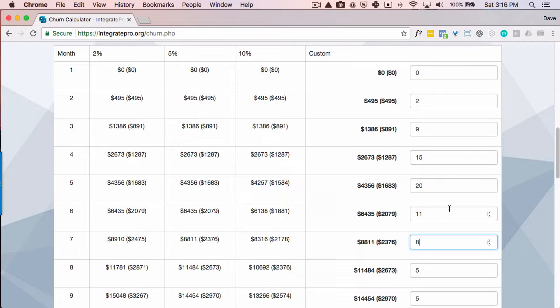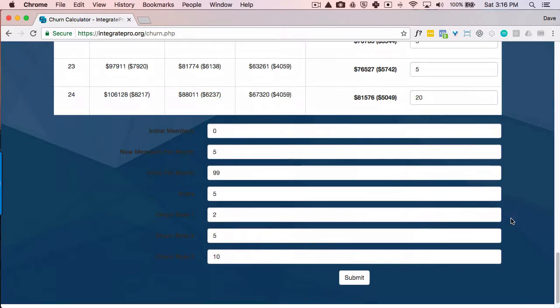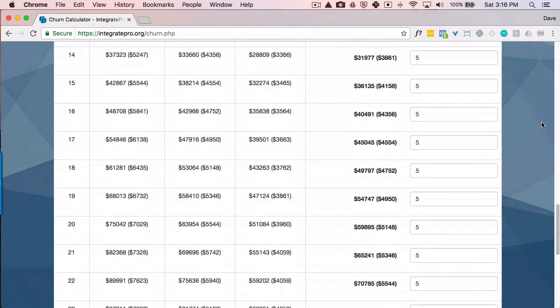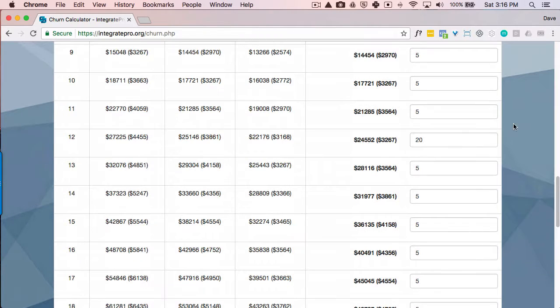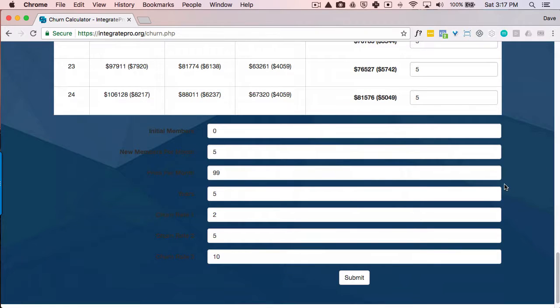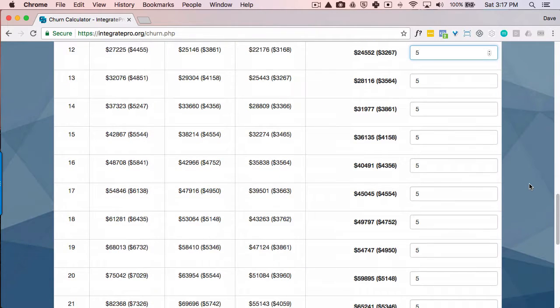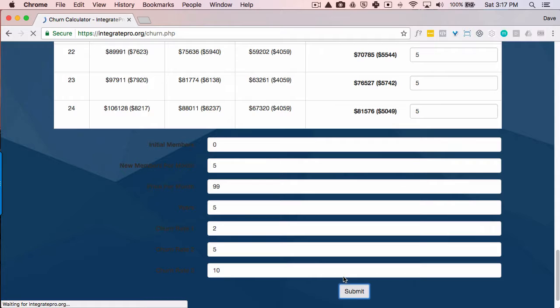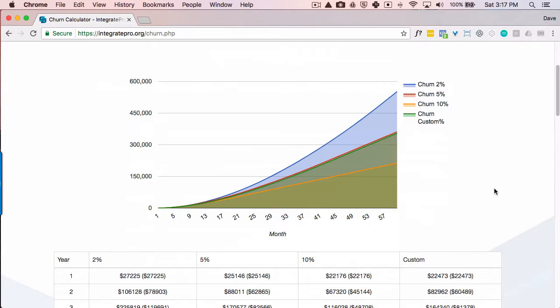Now, it's early on in your membership. You've got a chance to dial things in. It won't have as big an impact as it would if it was out here. Let me put that back to 5. And month 12, let's make sure that's at 5%. And let's compare those two now.